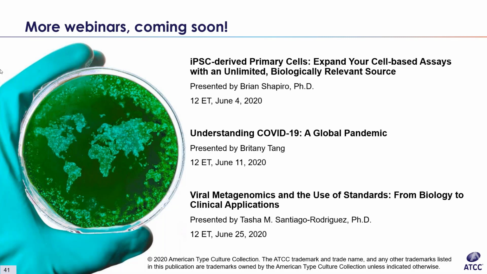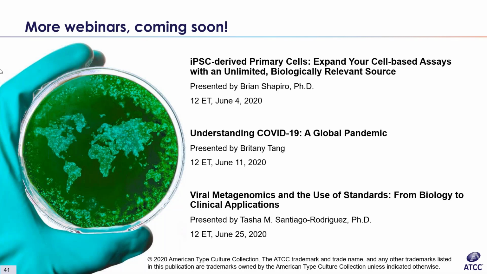So if the cells are no longer secreting a protein you're expecting them to secrete, or showing the morphology that they're supposed to show, that might be an indicator that it's time to stop passaging and go to your working cell bank. That might also mean it's time to authenticate your cells to make sure that they are the cells that you're supposed to be working with, right?